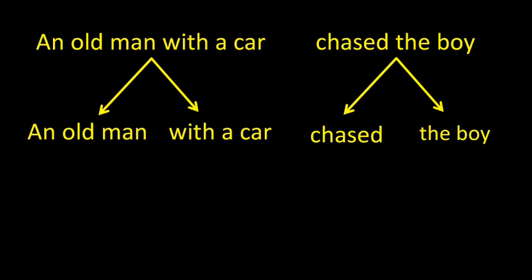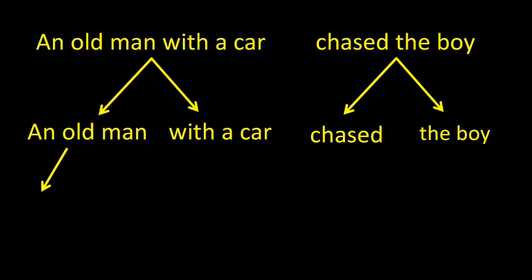In this way we can divide these two sections into another twos. An old man with a car has been divided into an old man and with a car. Seized the boy has been divided into seized and the boy.